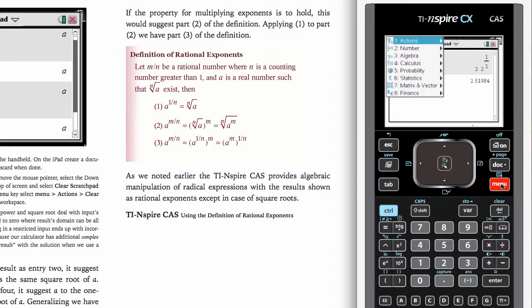So menu 1-5, to clear it out, we'll put in A, we'll raise it to the 1/2 power. We'll use our template.